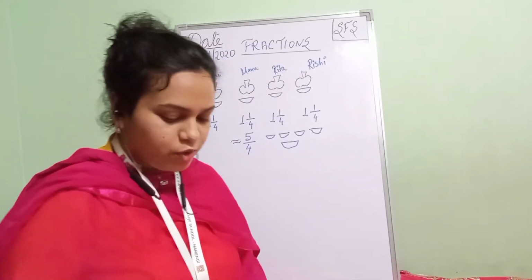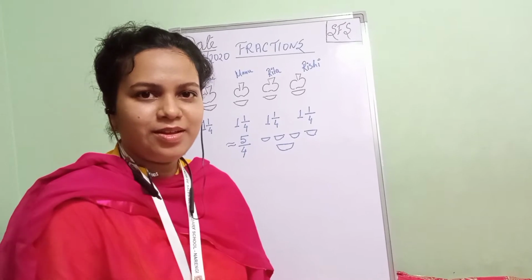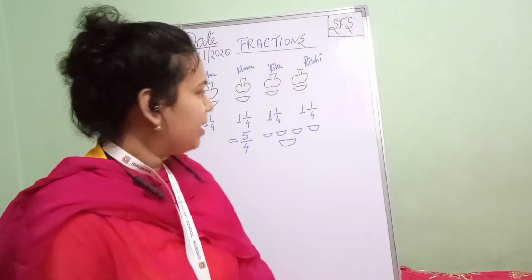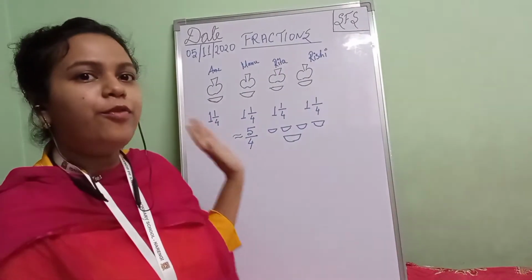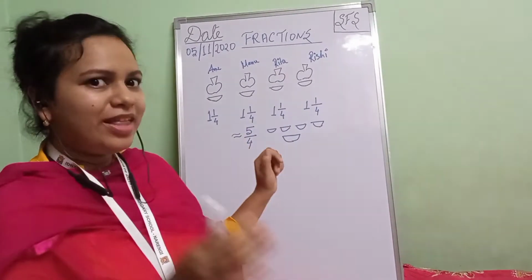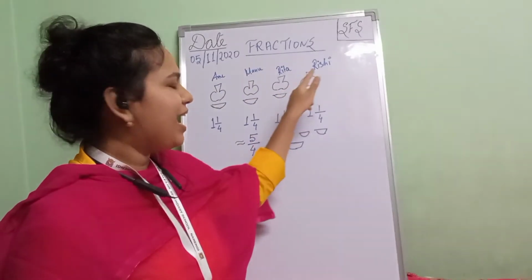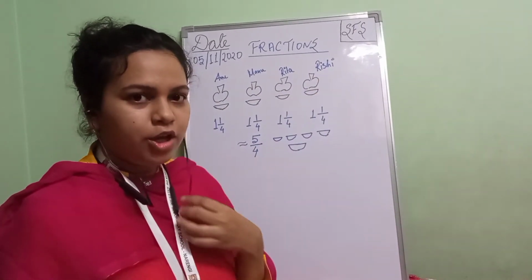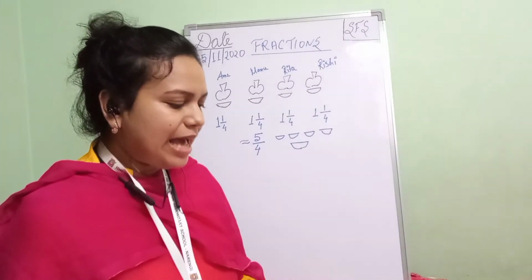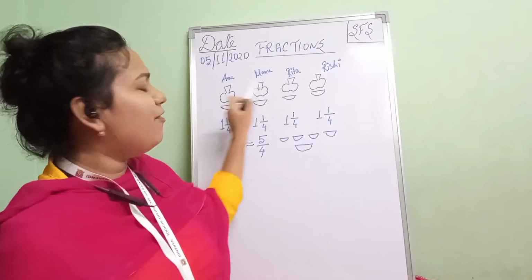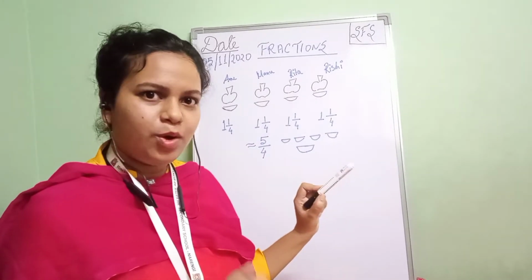Okay. So now let us take an example, okay? Suppose we had 4 friends, alright? The names of the friends were Anu, Manu, Rita and Rishi, okay? They divided 5 apples among themselves, okay?